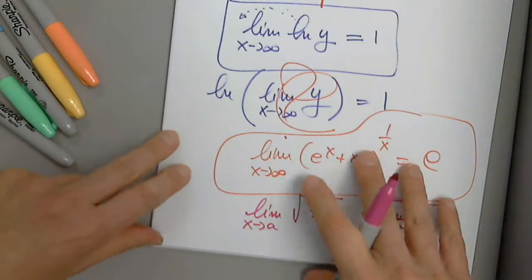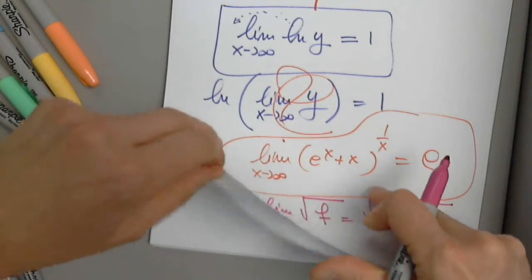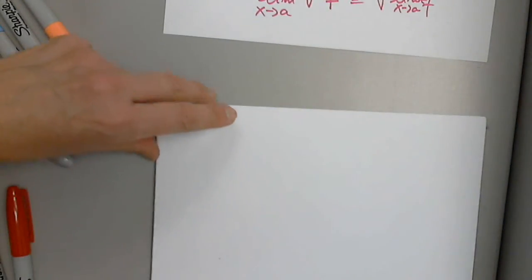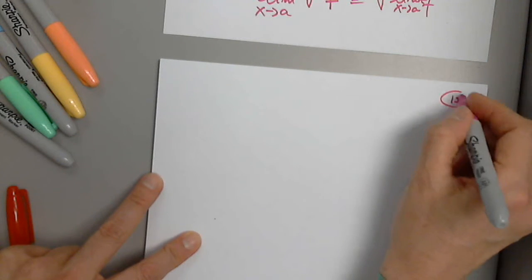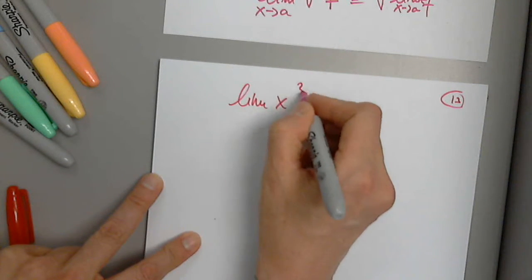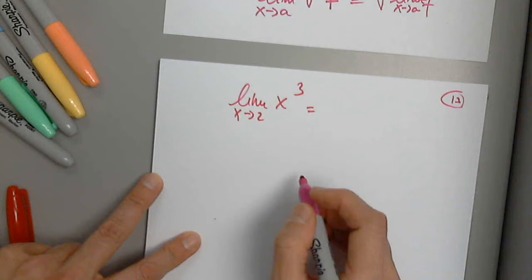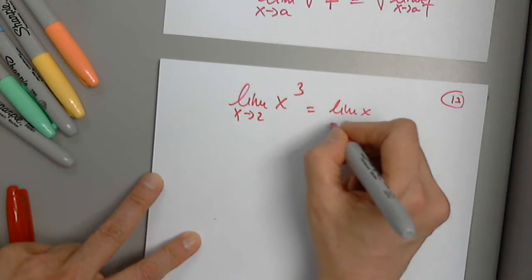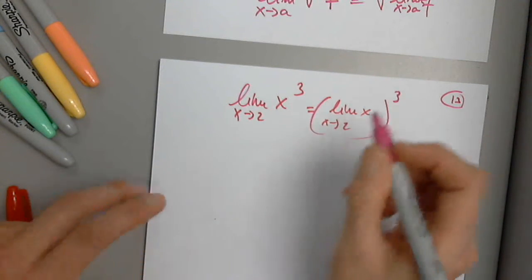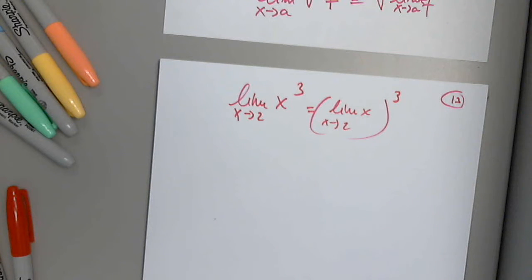We also have this one. We didn't really use it in those terms, but it's the same thing. The limit of x to the third when x approaches 2 is the same as the limit of x as x approaches 2, everything cubed. I am swapping the operator for power 3 with the limit operator, putting the limit operator inside and the power 3 outside, which is the same thing.